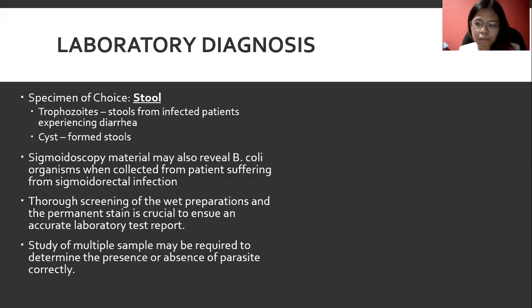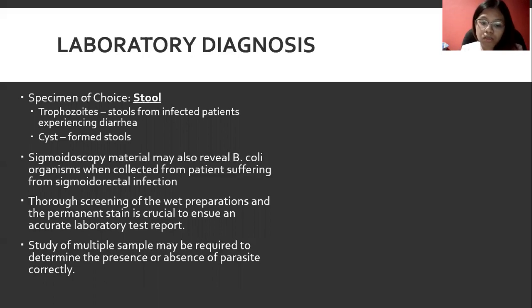So, pero pwede rin naman po gumamit ng ibang specimen. We can use sigmoidoscopy material, when collected from patients suffering from sigmoidorectal infection. Thorough screening of the wet preparations and the permanent stain is crucial to ensure an accurate laboratory test report.